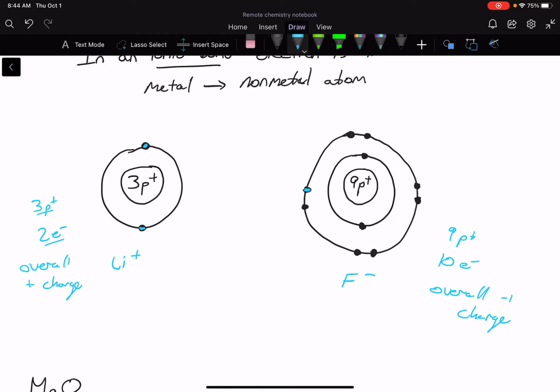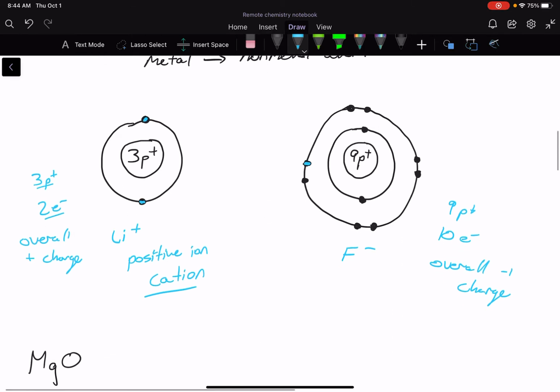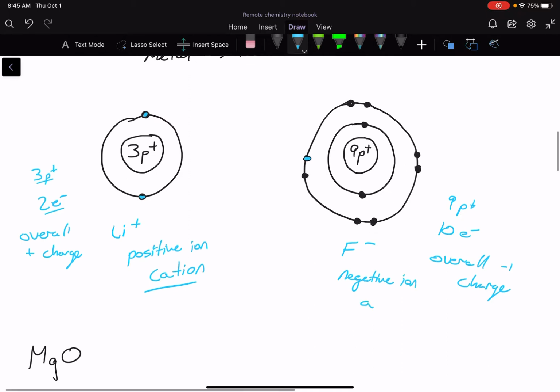And remember, if you have a positive ion, this is also known as a cation. So cations lost electrons. And then this is a negative ion, also known as an anion.